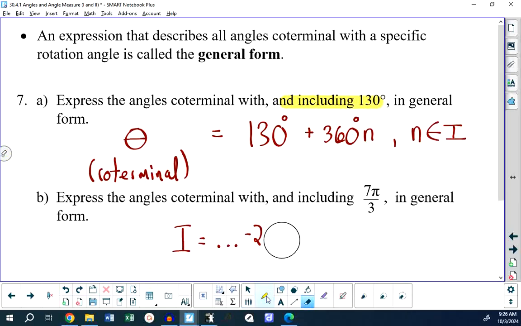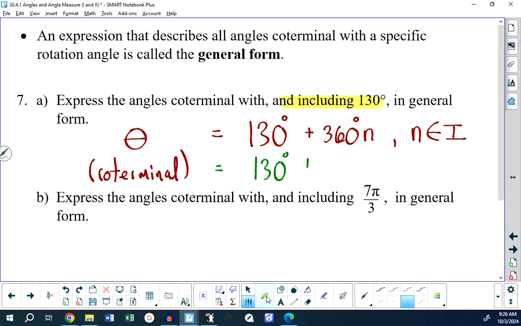It's not wrong to say instead that you can put the plus or minus as part of your description, and then you have to say n is a whole number.